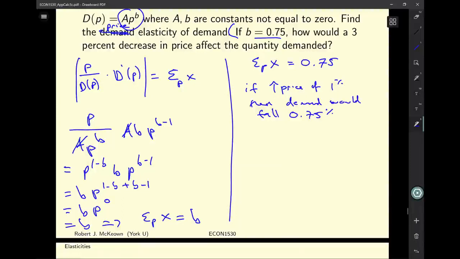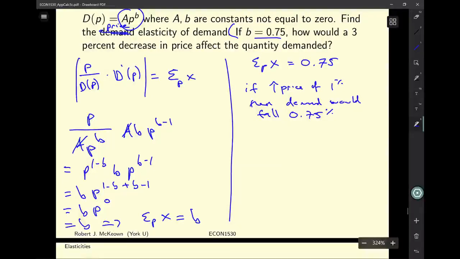And if we're going to answer this question using the approximation that we have here, using this first derivative approach of finding the elasticity at a very specific point, we can multiply the elasticity by 3.